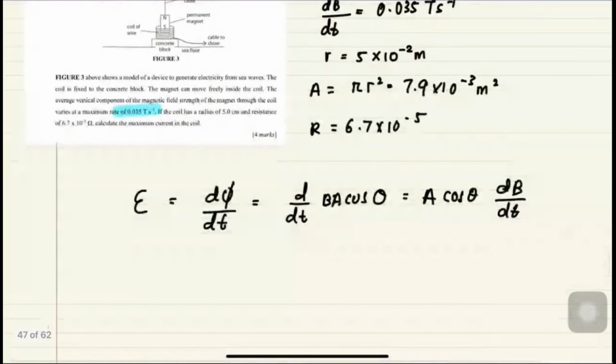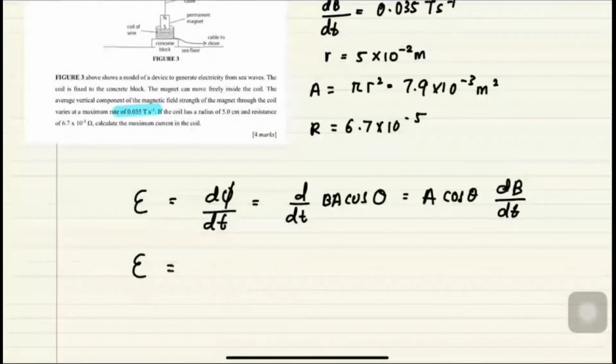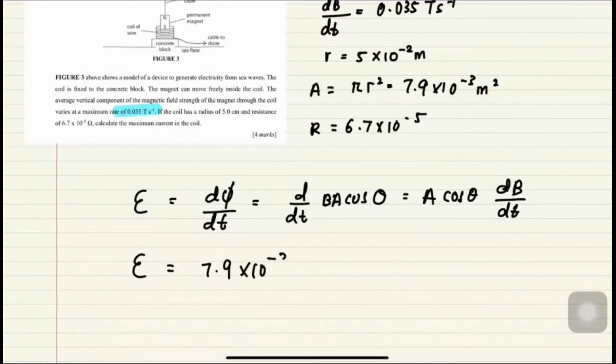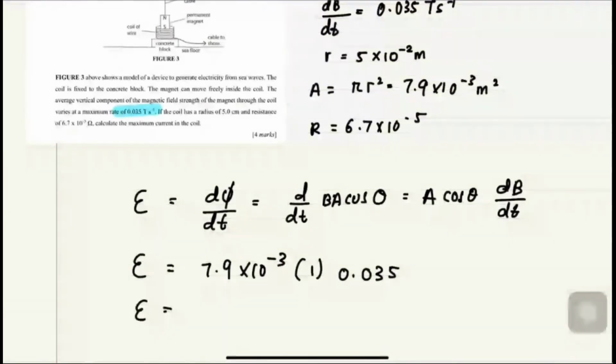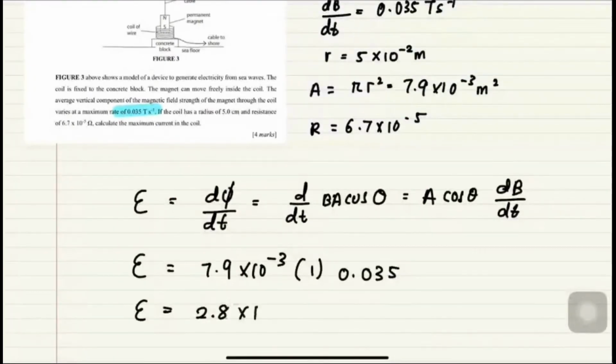So the EMF now becomes A, which is 7.9 times 10 to the power of negative 3, times 1, times dB/dt, which is 0.035. If you press your calculator, you should get 2.8 times 10 to the negative 4. So this one is your EMF.